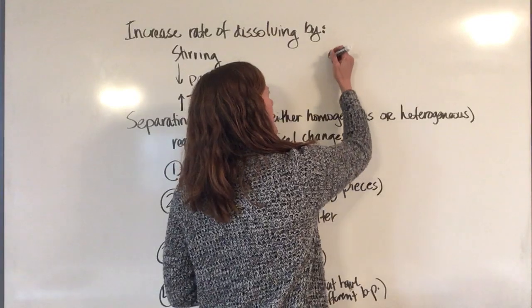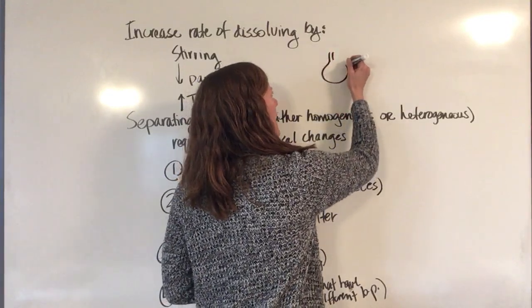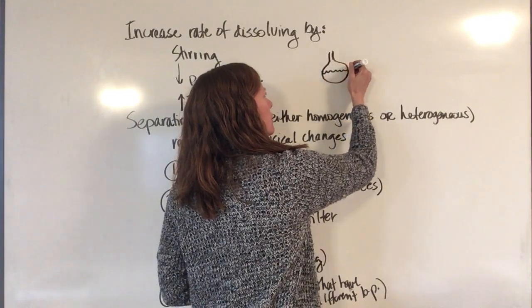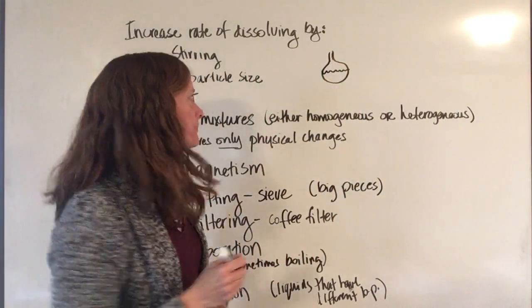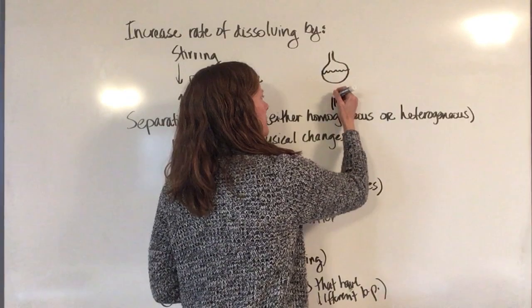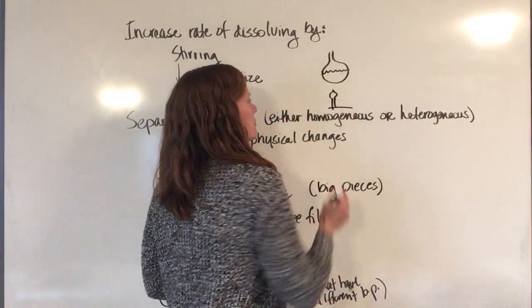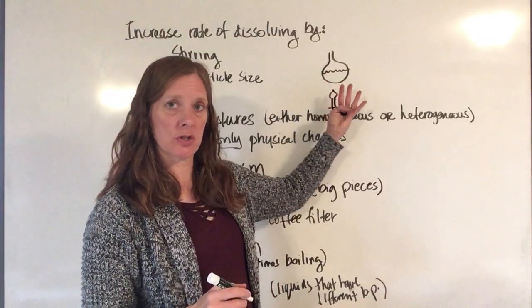So you have a flask that sits down here like this, and you put your liquid in here that you want to separate. And you're going to put a flame or a burner down here so that you can cause this liquid to boil.